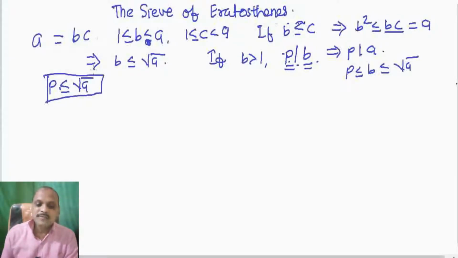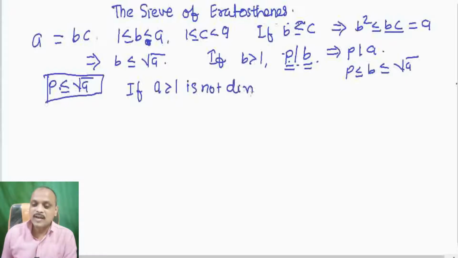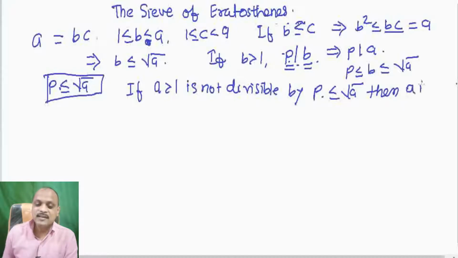If a is greater than 1 and is not divisible by any prime p less than or equal to the square root of a, then a is of necessity a prime.